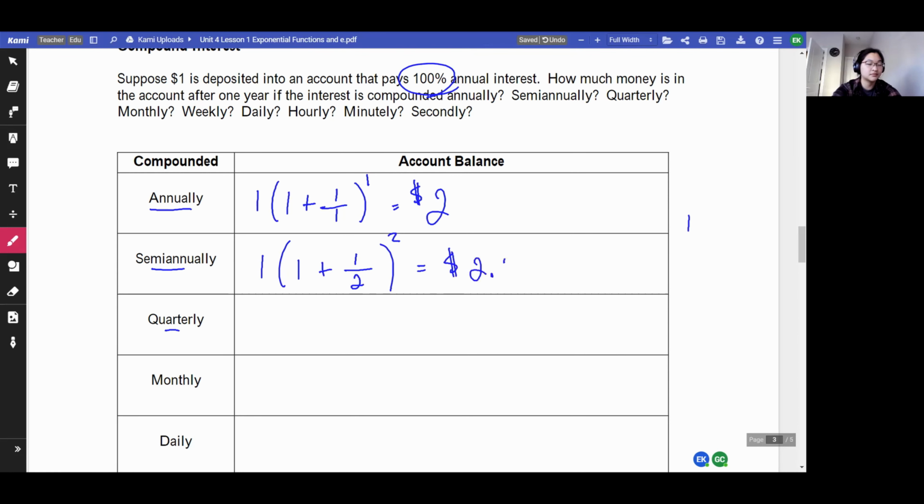Ooh, so it looks like if you take your percentages in increments rather than one lump sum, you'll get more. Can you think of a reason why that might happen? Well, say you start in January, and then in July you're getting an increase in the amount.